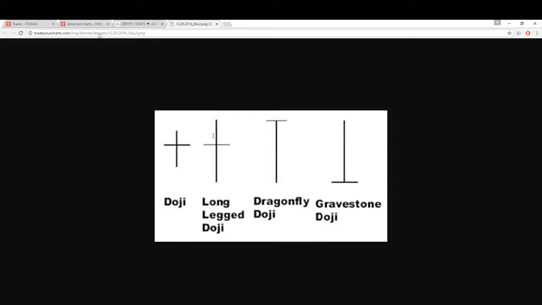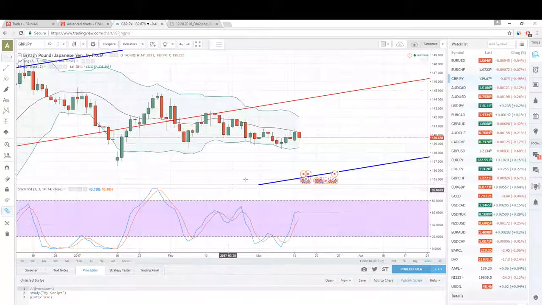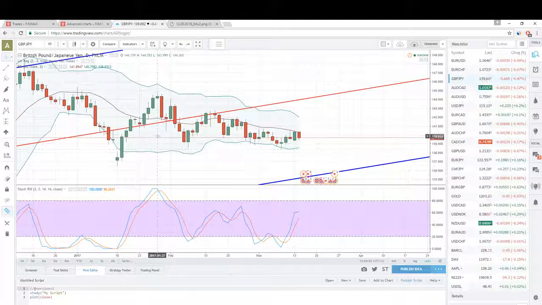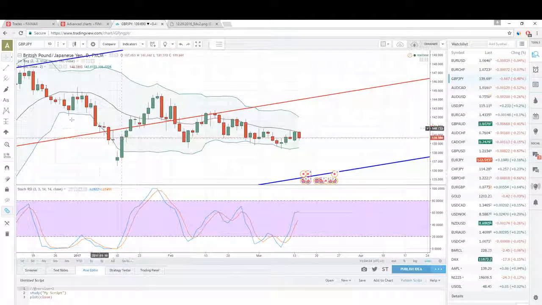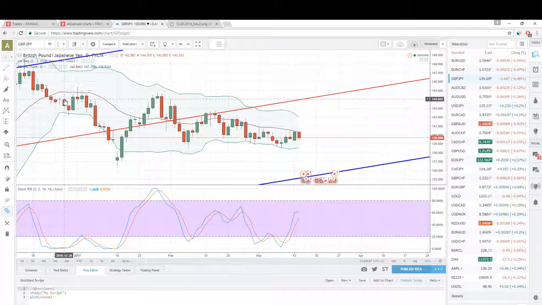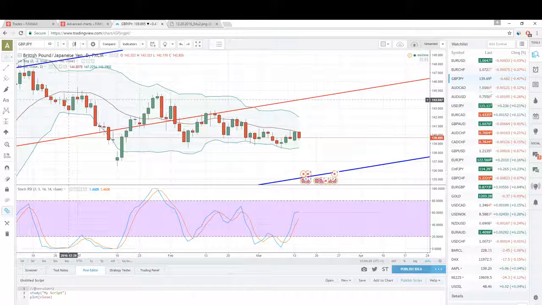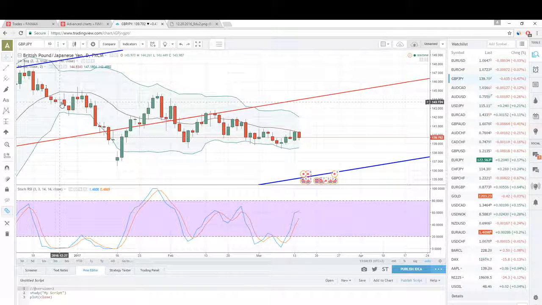When dojis appear on the chart, it shows the indecision of the market. When the market is opened, the bulls try to push the prices higher.